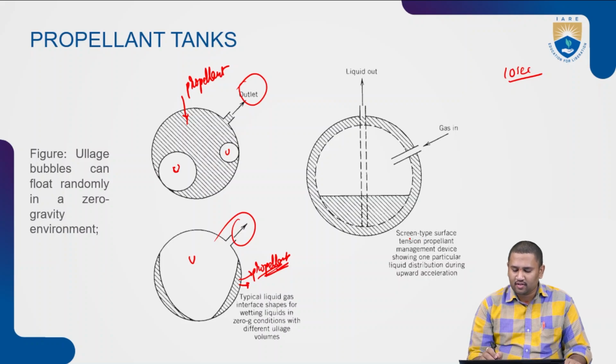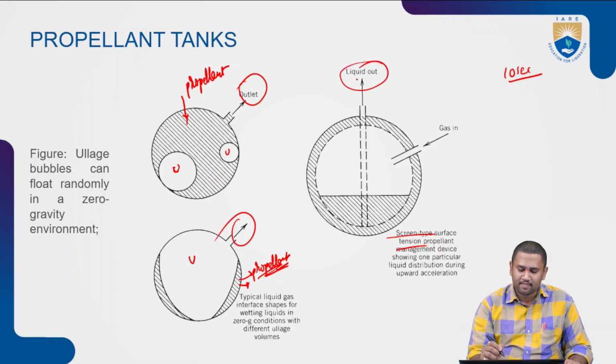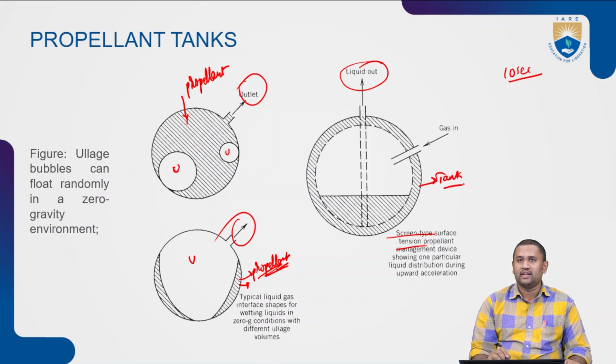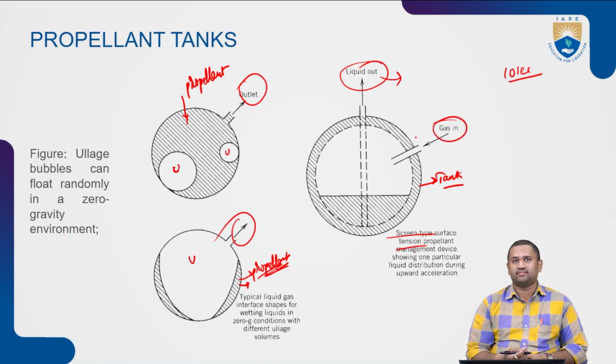Now, coming to my other type, particularly a screen type surface tension device, this is your tank, and this is your liquid outlet, and you are pushing something in, particularly an inert gas or a vapor of the same propellant that you are taking out.